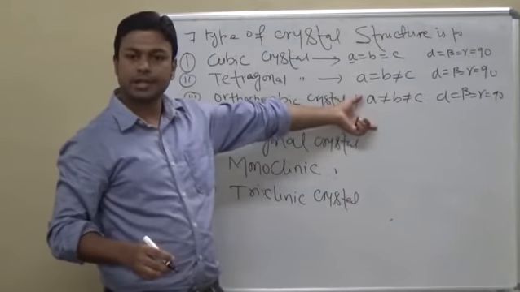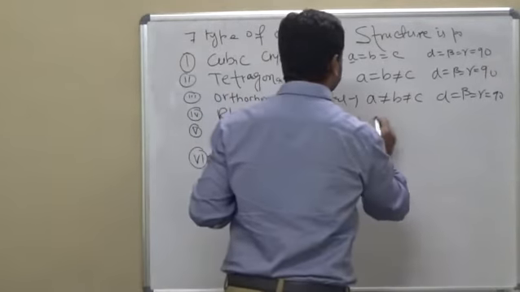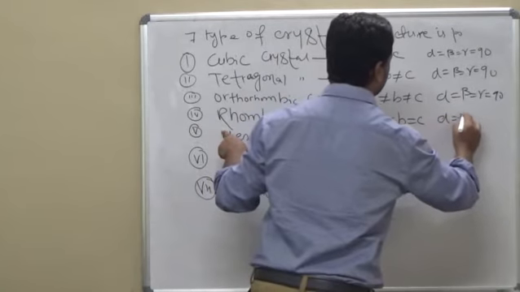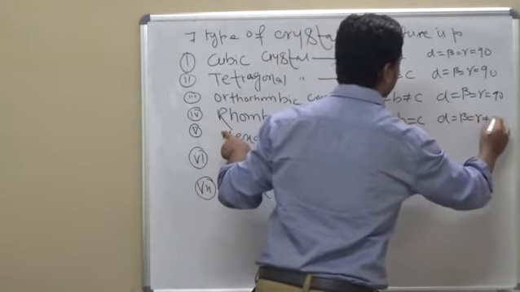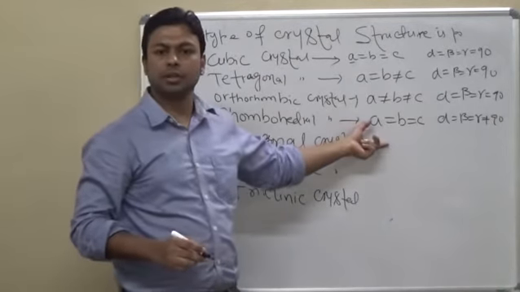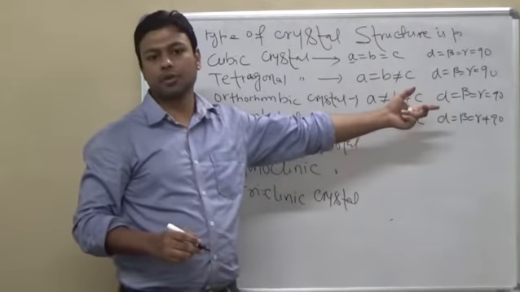Here, all sides are unequal, but all angles are 90 degrees. In rhombohedral, all sides are equal and all angles are also equal, but those angles are not equal to 90 degrees.